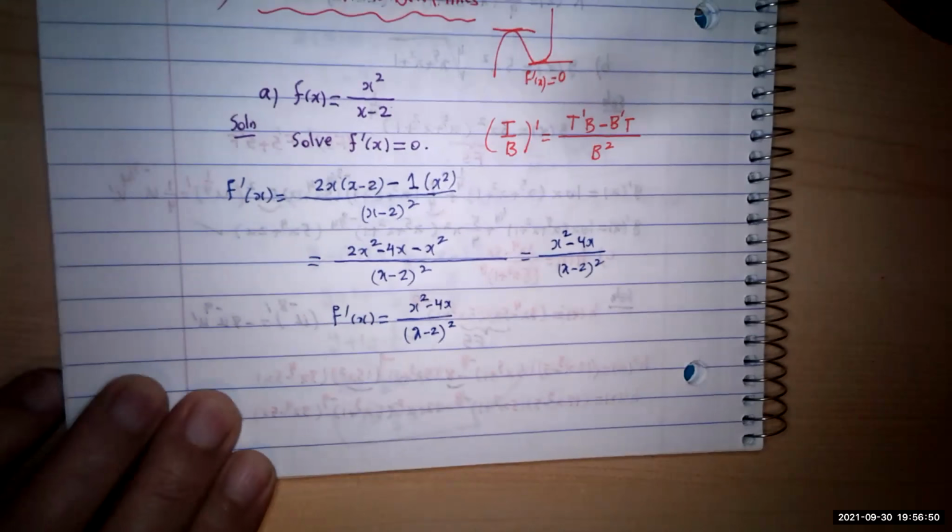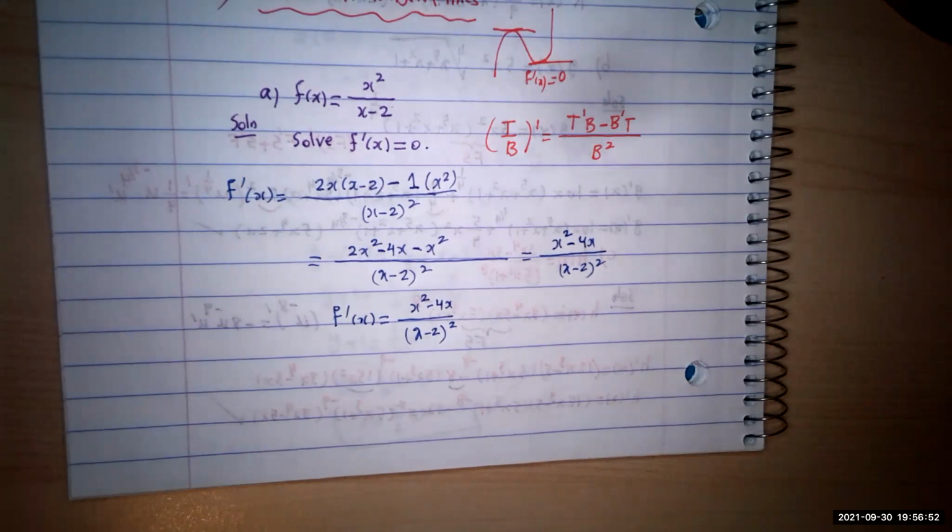That's the f prime. And that's our purpose, just to check that we can apply the quotient rule nicely to get the result. Any question? Now let it equal 0.